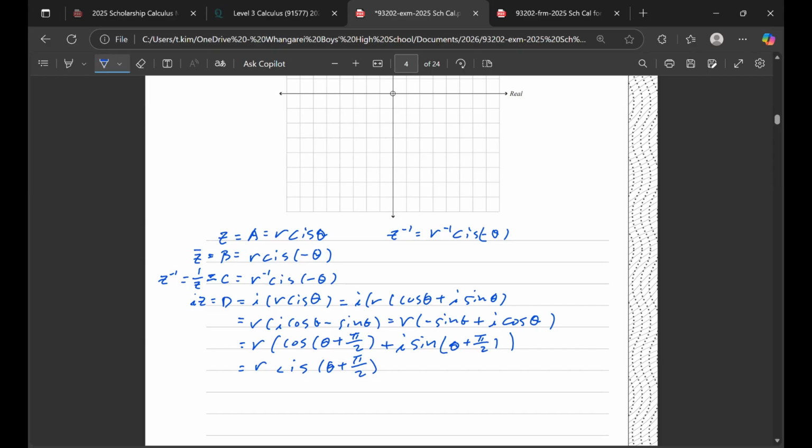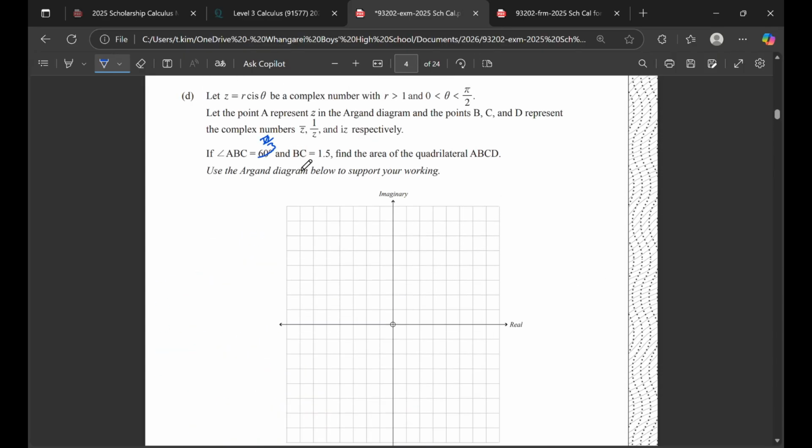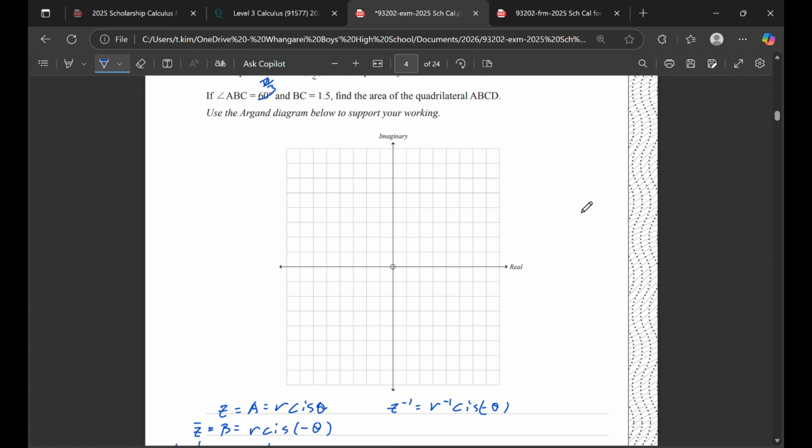Do you remember the question says BC is 1.5? Let me draw this. Approximately, say we don't know r yet. So say r is here, A is here. Then B is a reflection of A on the real axis. So B is there.